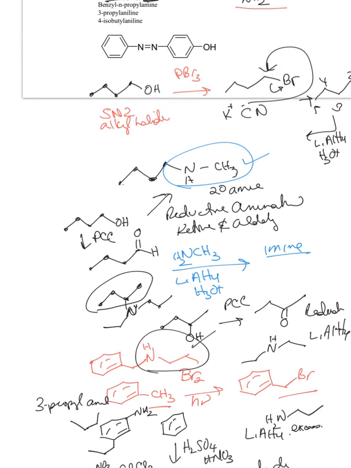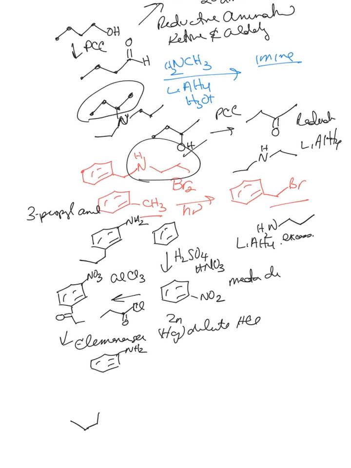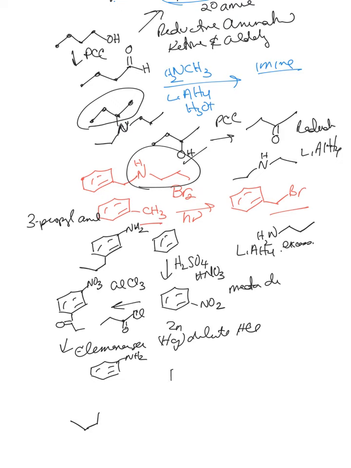All right, the next one is 4-isobutyl aniline, and this is going to be very similar. So let's look at what that looks like. There's your aniline, and this is your isobutyl. And you want to do the same thing.